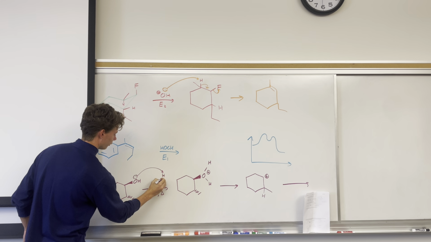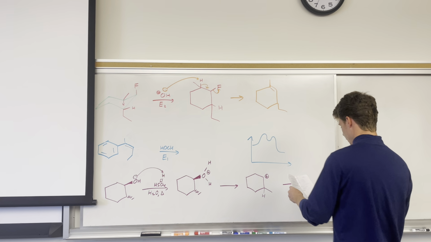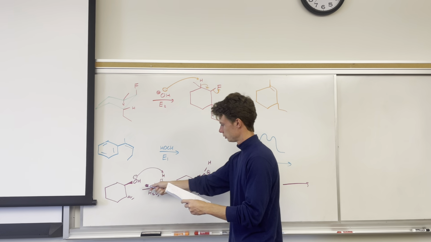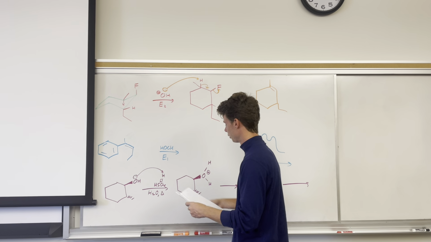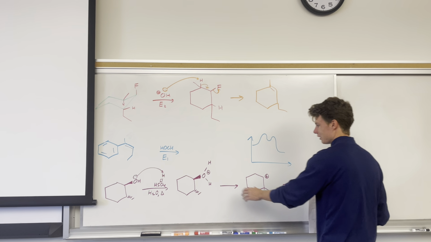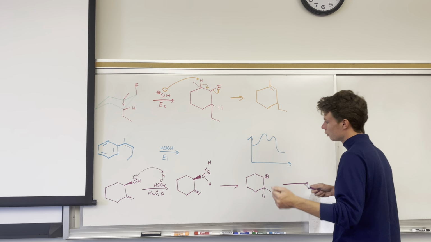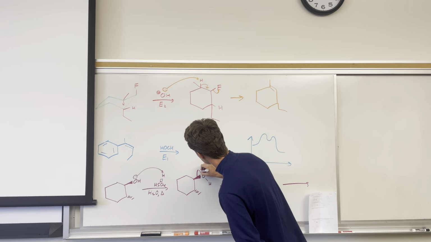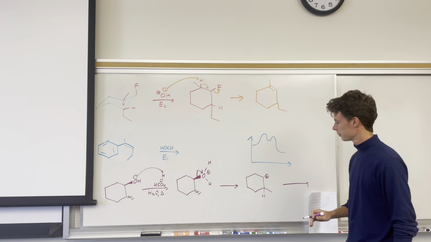Okay, it says in our directions that the provided alcohol can react with aqueous sulfuric acid, so that was a big hint there, to then make this a better leaving group, which we need for an E1 reaction, okay? So then, now water is a good leaving group and it will leave, creating our carbocation intermediate.